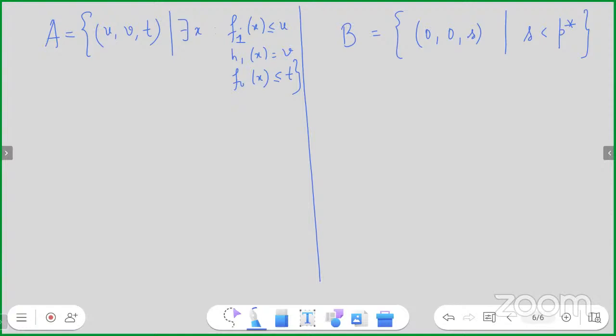So is there anything connecting A and B? You can take a property which connects A and B. This is a subset of A. This one is the optimal value of the problem.